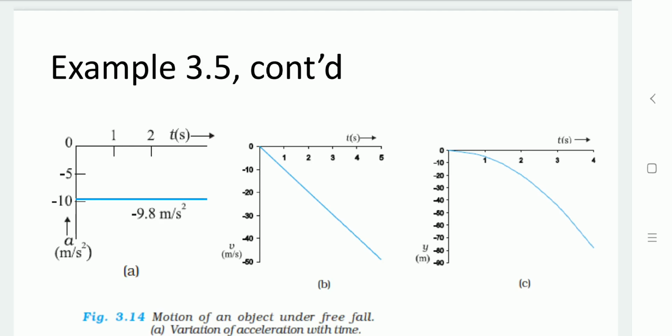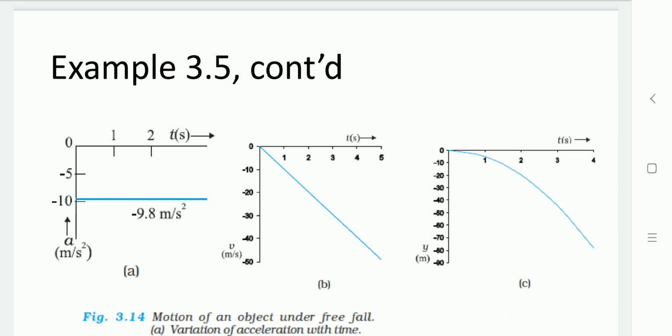Since it is moving downward with negative acceleration, the line slopes downward. All these graphs lie in the third quadrant, because free fall is downward with negative acceleration of minus 9.8 meter per second square.